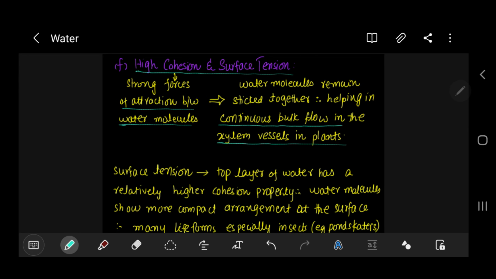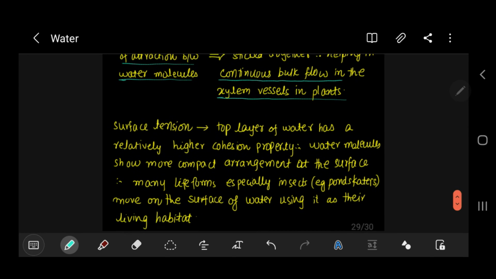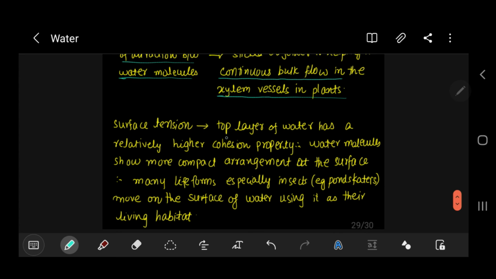And for surface tension, the top layer of water has a relatively higher cohesion. That means the water molecules on the surface attract each other more, so they show more compact arrangements and are very close together at the surface.